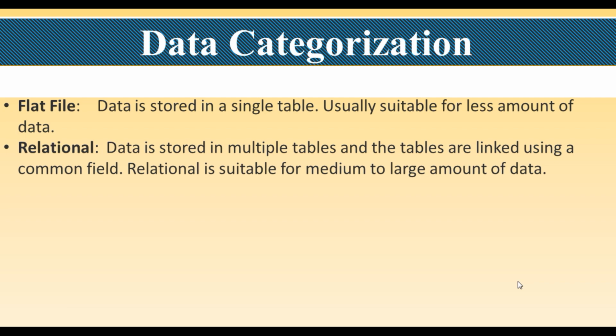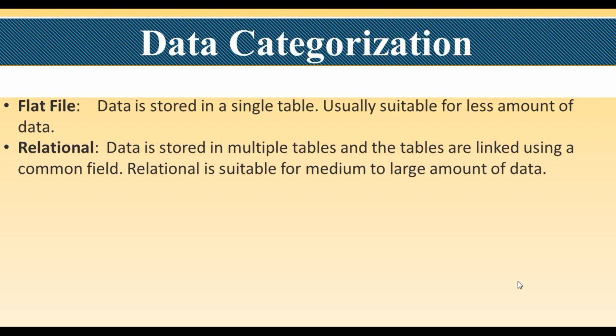This data is stored in multiple tables, and the tables are linked to each other through a common field. Relational is suitable for a medium to large amount of data. Suppose you are using Microsoft Excel or the OpenOffice Calc part. In that you can create your table, which is considered a flat file.